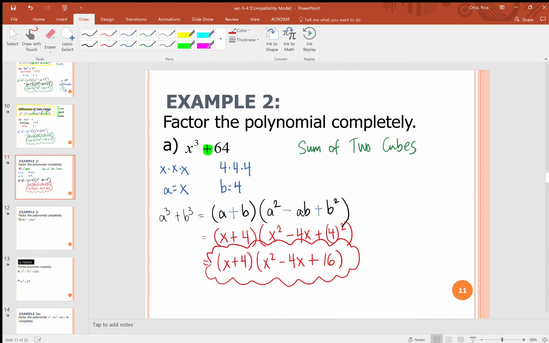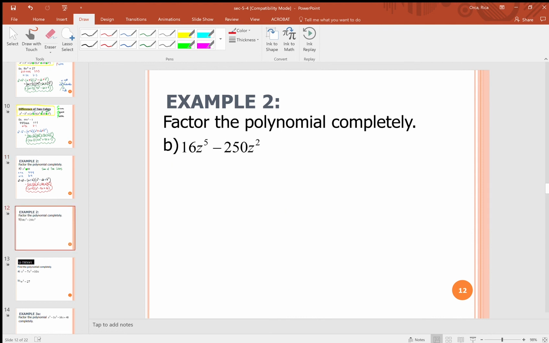Let's do one more. Factor the polynomial 16z to the fifth minus 250z squared. These are not perfect cubes. Let's manipulate this problem so that we do have perfect cubes. Let's start off by factoring out the GCF. 16 and 250 are both divisible by 2.